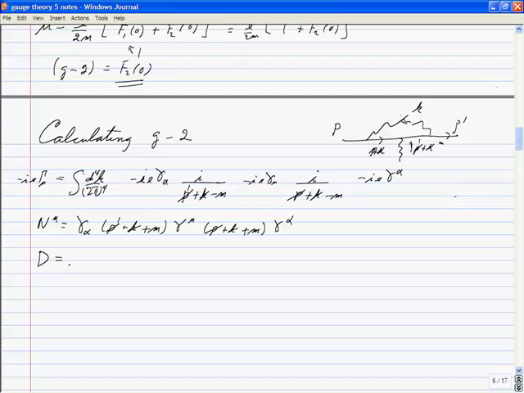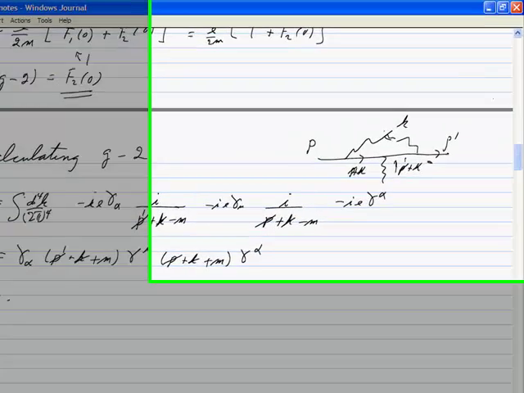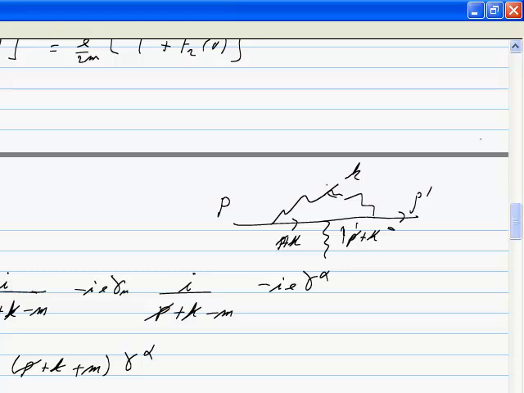okay, anyone see my mistake? I have a mistake up there. Feynman rules. I have a minus i over K squared missing from the photon propagator. Okay. Good.